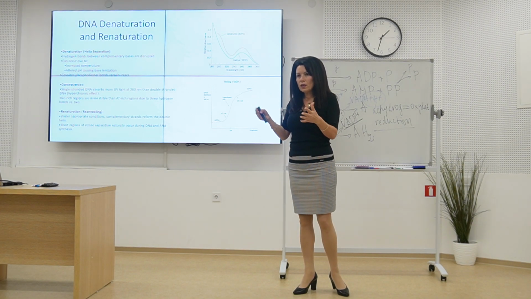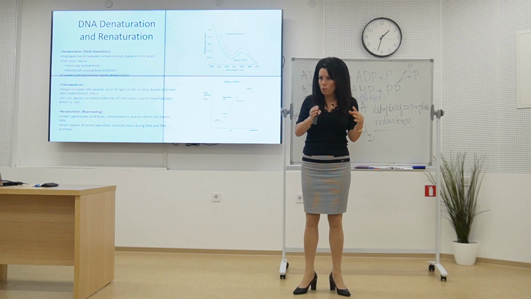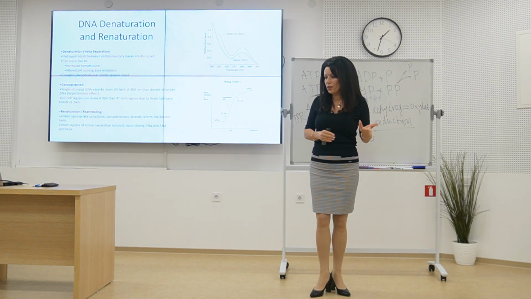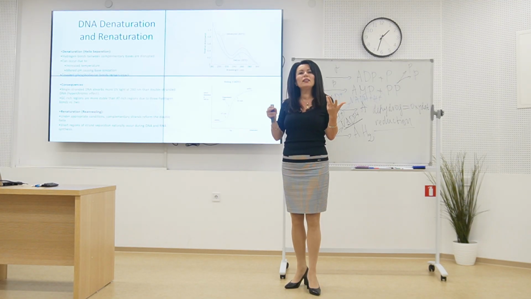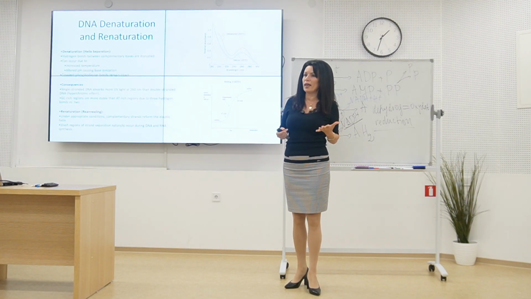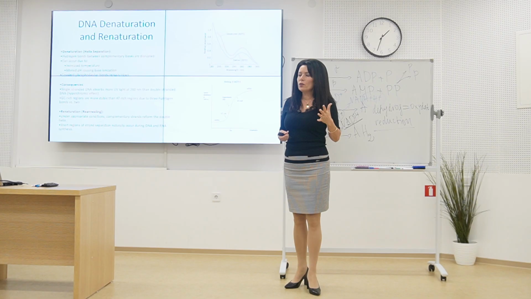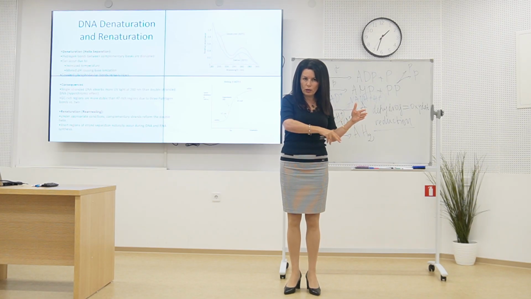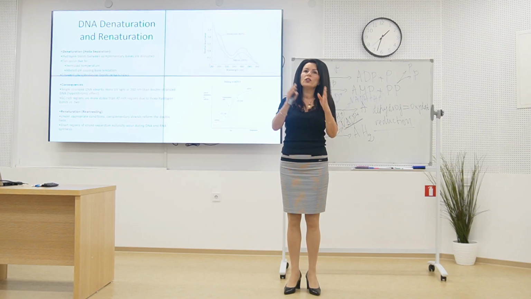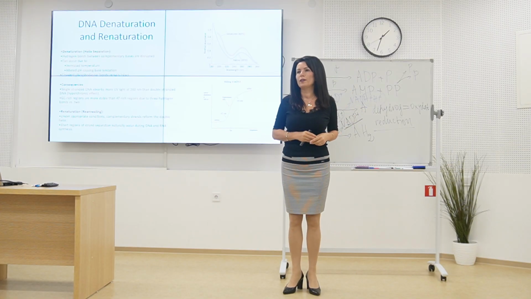What does it mean? If there is a low melting temperature, this means that it is a low stability DNA. And what kinds of pairs will it be rich in? Rich in AT pairs with low melting temperature, or rich in GC pairs? What do you think?